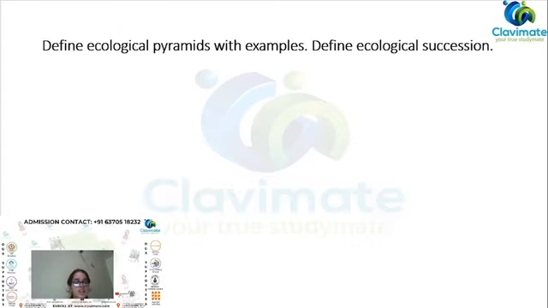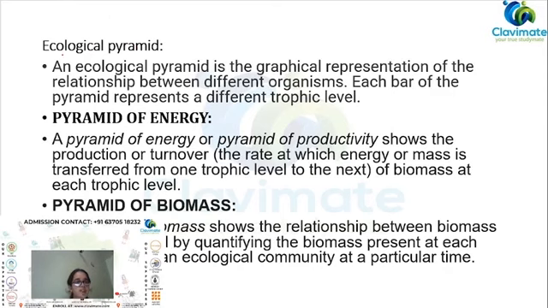So what are ecological pyramids, with examples? An ecological pyramid is a graphical representation of the relationship between different organisms.